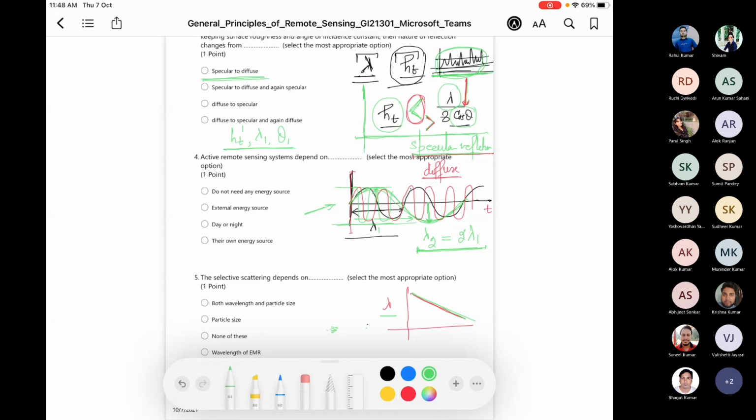So the criteria which you have to decide is given by this formula. So you are just continuously decreasing the wavelength lambda in this fashion. So what will happen? Earlier, the nature of reflectance remains the same till this inequality is satisfied.